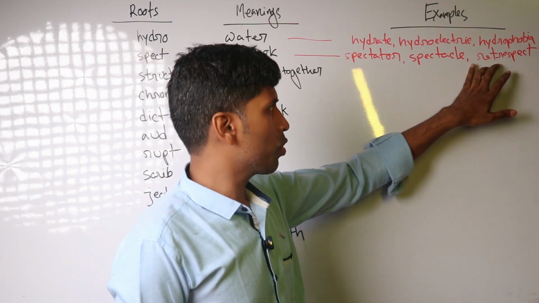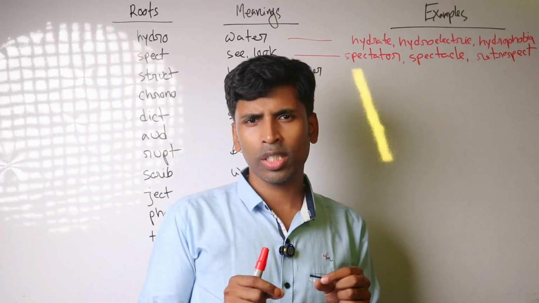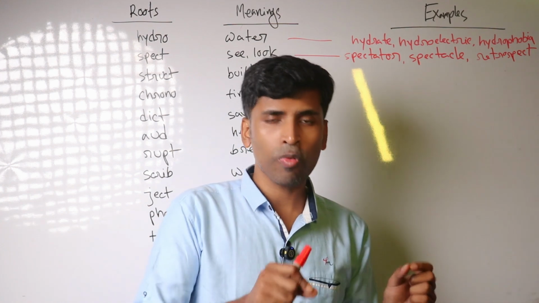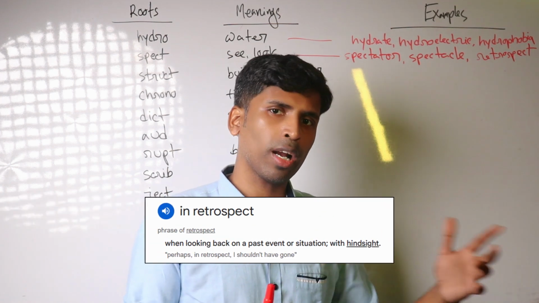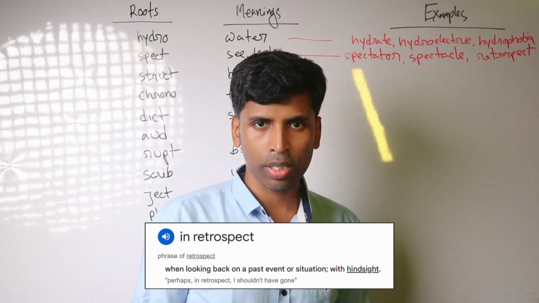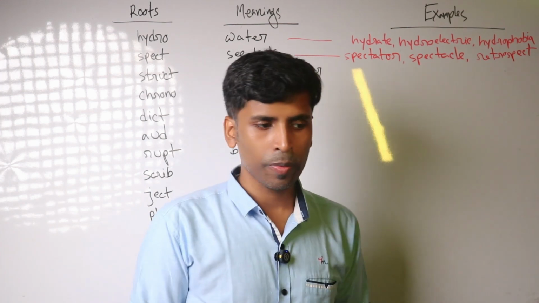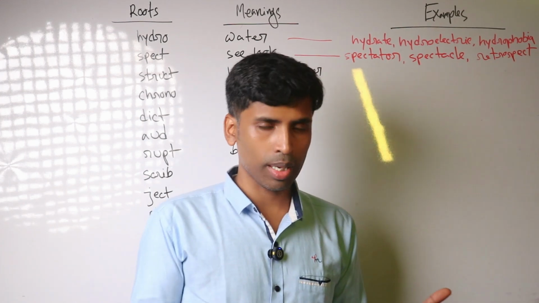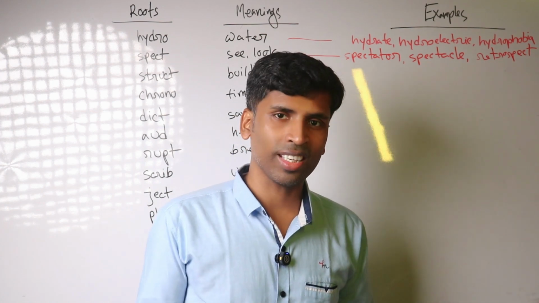And retrospect. Retrospect, this word is used in the phrase in retrospect. It means looking back. When you are looking back on a past event and reflecting or thinking about it, that's when you use the phrase in retrospect. In retrospect, for example, in retrospect, I should not have done that.